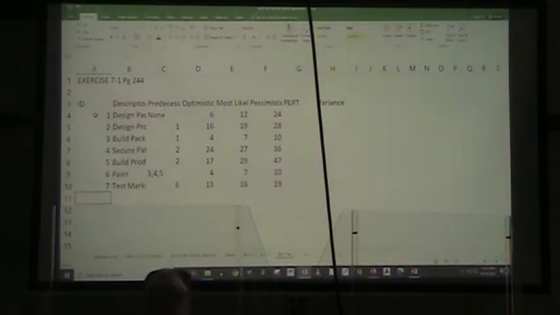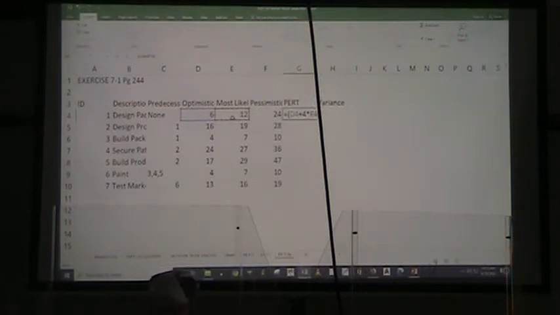to calculate now using our PERT formula. Our PERT formula, as you will remember, equals left parenthesis our optimistic time plus 4 times our most likely time plus our pessimistic time, right parenthesis, divided by 6.